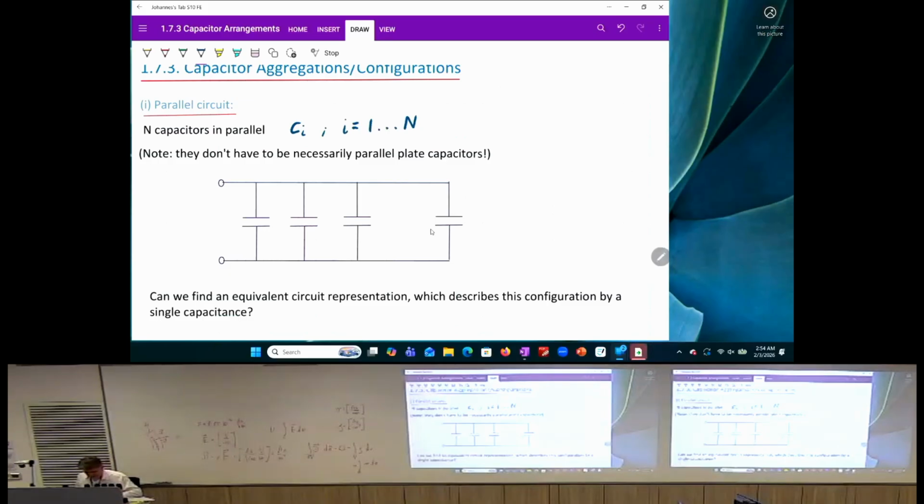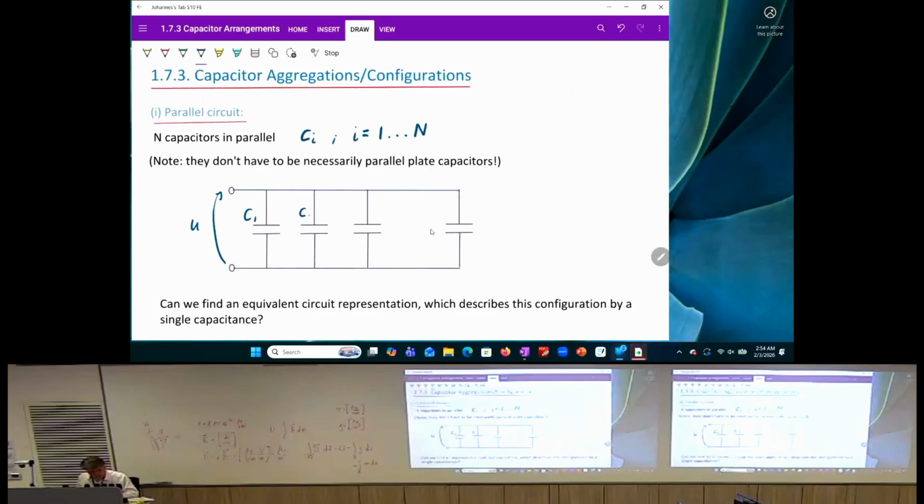So we have a voltage here at the port, and we have our C1 here, C2, C3, and so on till we are at Cn. And we have over the capacitors a voltage U1, U2, U3, and Un.